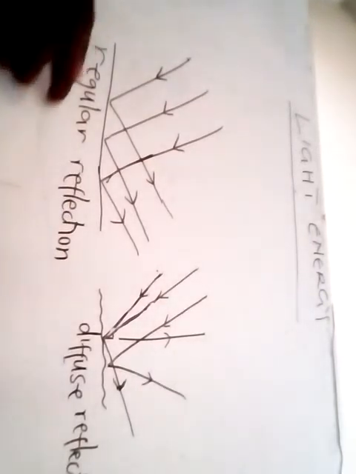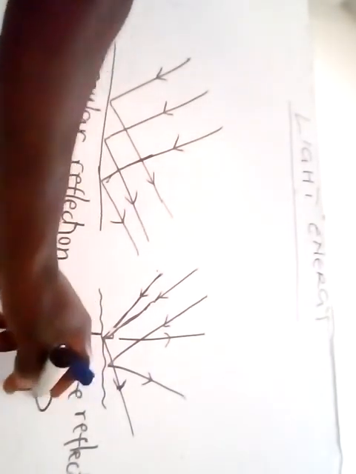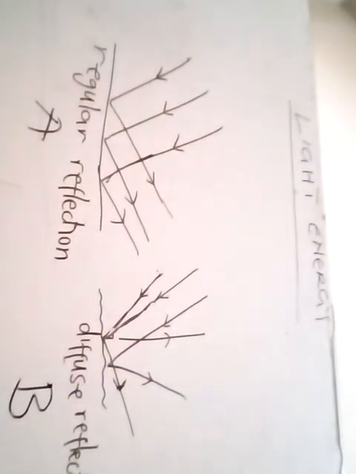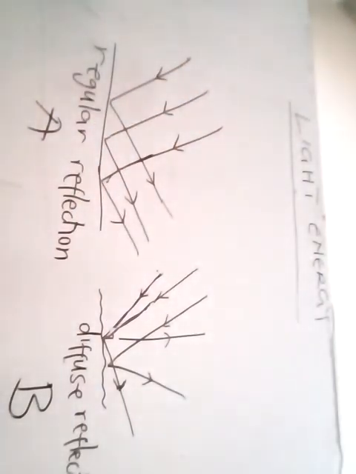So this is diagram A, diagram B. Diagram A corresponds to regular reflection. So it's a smooth or polished surface. And diagram B corresponds to diffuse or irregular reflection.